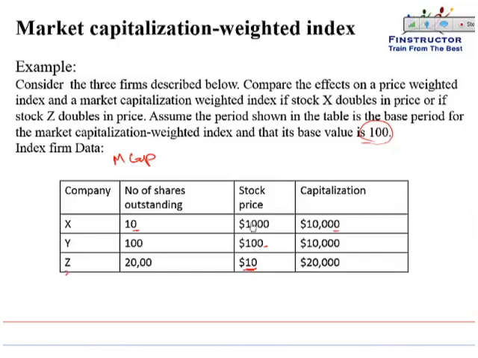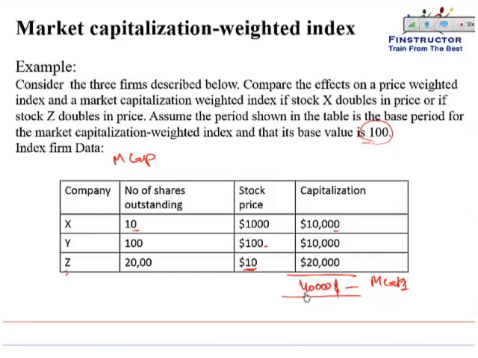So to begin with, the total market capitalization of this index is 10 plus 10 plus 20, that is $40,000. So the beginning value of a market cap weighted index is $40,000. Now, generally speaking, we don't like to represent such a big number because if we talk about the market cap of world indices, it'll turn out to be in billions of dollars, even trillions at times.